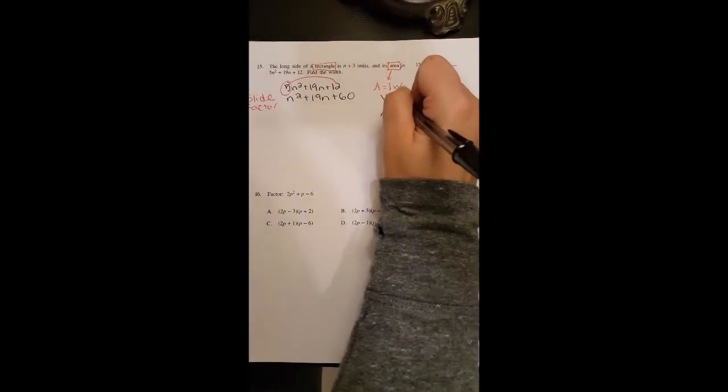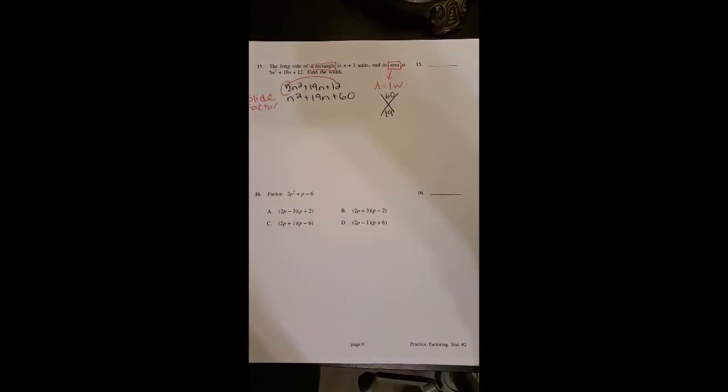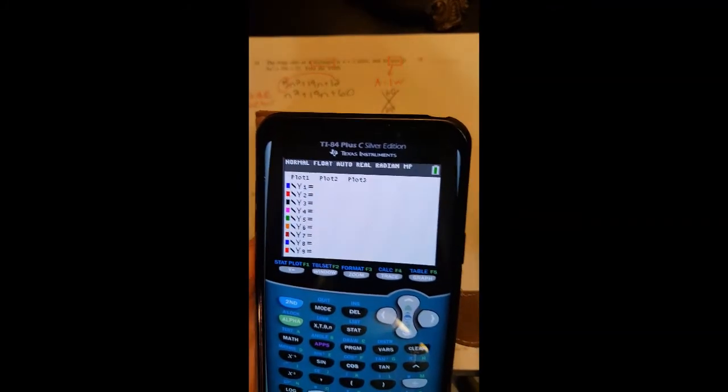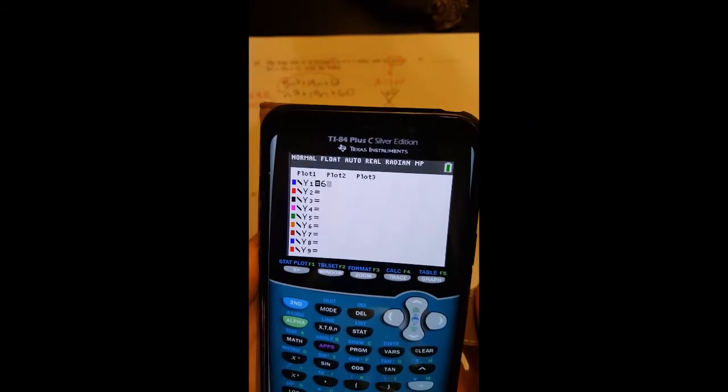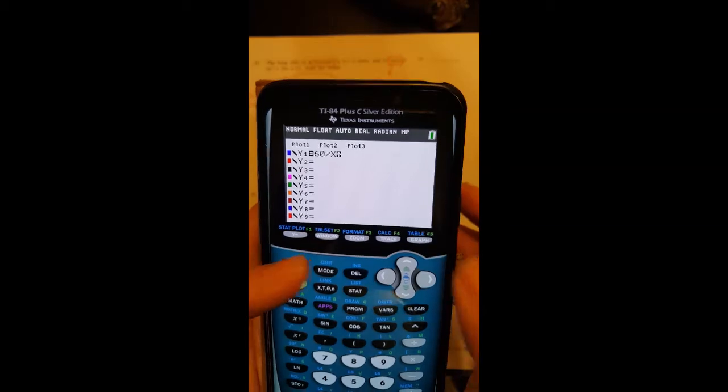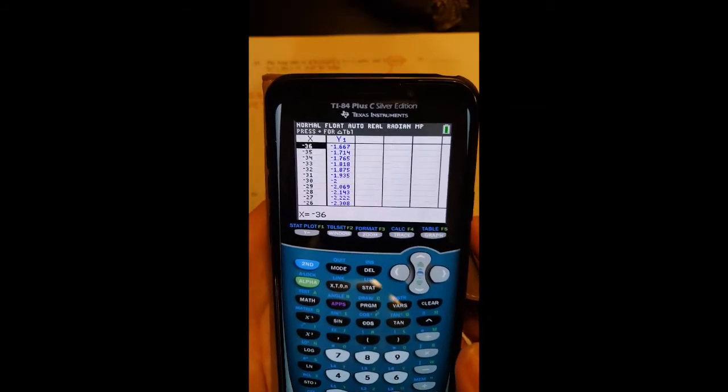That's our slide. Now we're going to factor. So I need two numbers here that multiply to give me 60 and add to give me 19. So again, if I want to use the calculator, I can for now. I'm going to press y equals, and the number to multiply to give us is 60, so I'm going to do 60 divided by x. And then second graph.